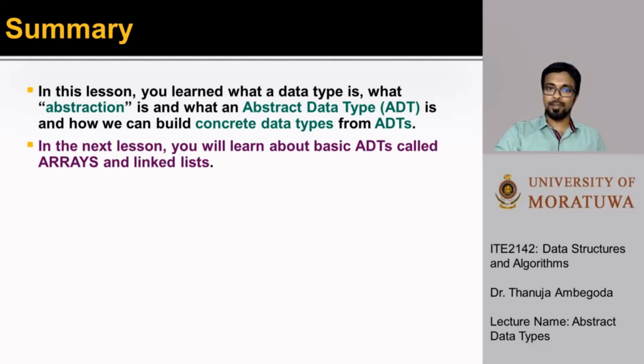In the next lesson, you will learn about basic abstract data types called arrays and linked lists. So you already have some understanding of arrays, at least from the examples we looked at in today's lecture, but you will know much more. You will cover much more detail about arrays and also linked lists in the next lecture.